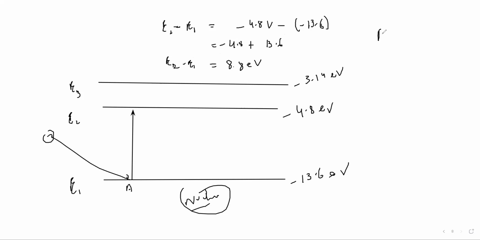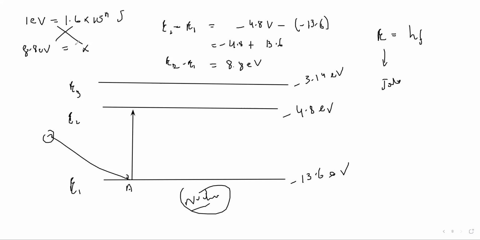You have the formula E equals hf, but the problem is that in this formula you should have energy in joules. So first I have to convert electron volts into joules, and we know 1 electron volt is equal to 1.6 into 10 to the power minus 19 joules. So if 8.8 electron volts, then it will be equal to x joules.